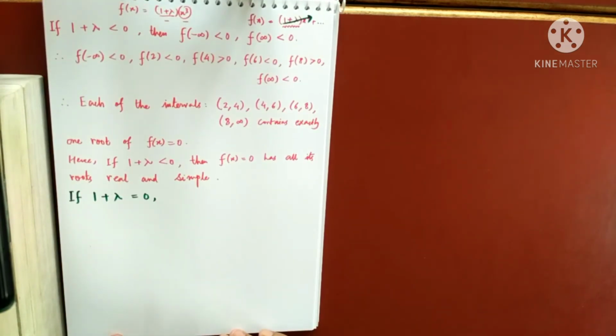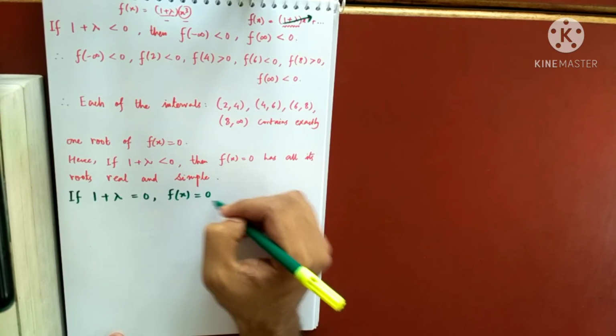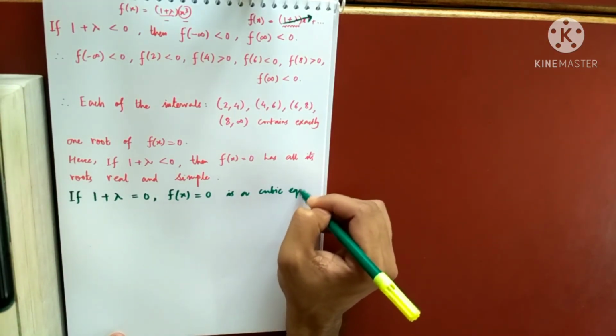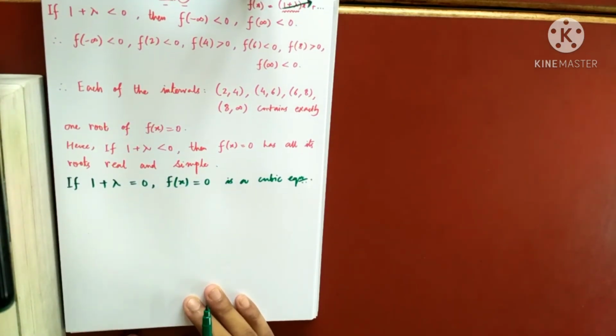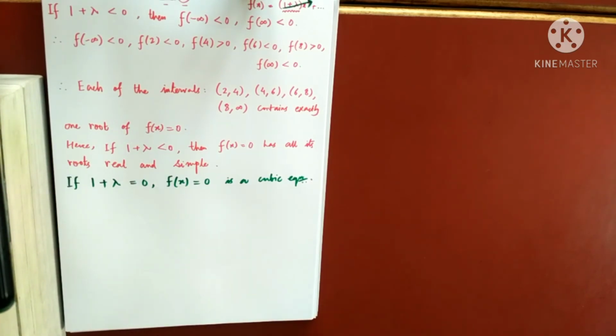So in that case, f(x) equals 0 becomes a cubic equation, because x to the power 4 will be absent.